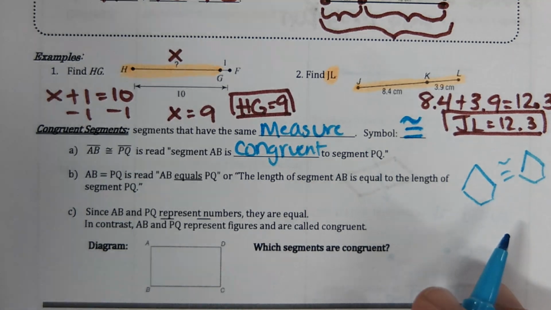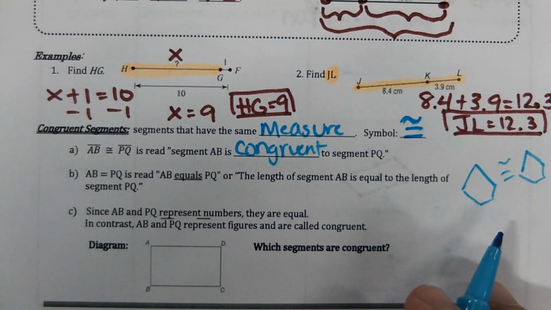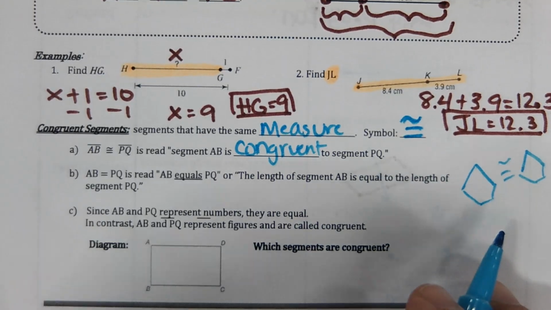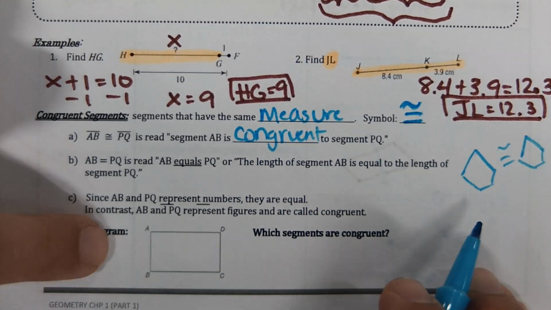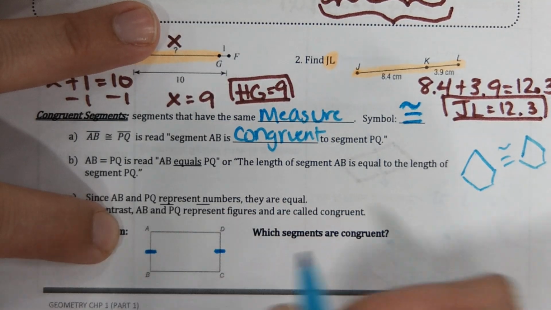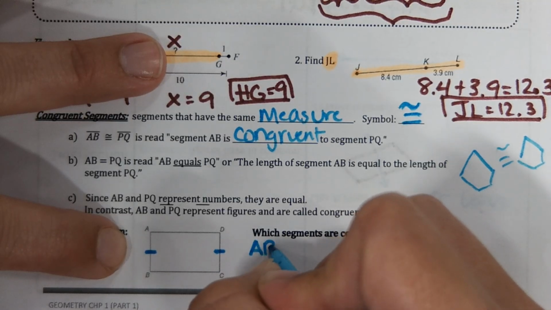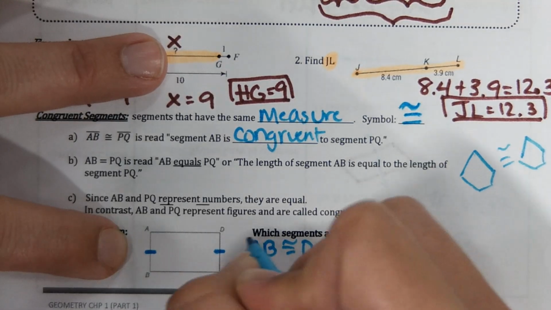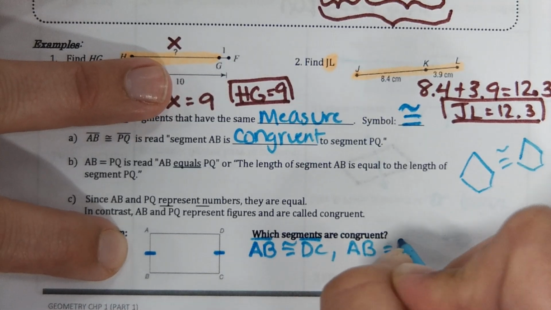In this diagram here, it shows a rectangle. In a rectangle, the opposite sides are congruent. So the opposite sides are equal in length. And there's this little tally system we use to show that things are the same. So it looks like this. If we have this little tally here, that means that segment AB is congruent to DC, or the length of AB is equal to the length of DC.